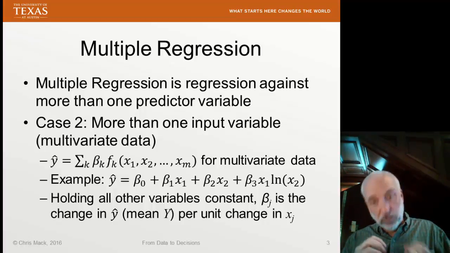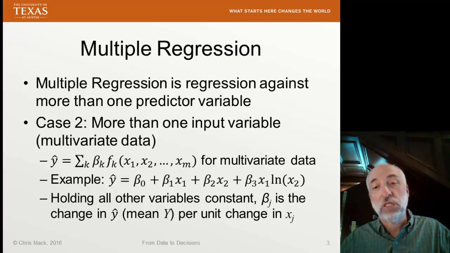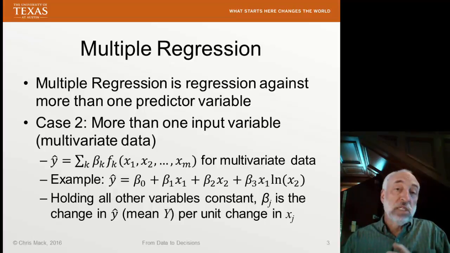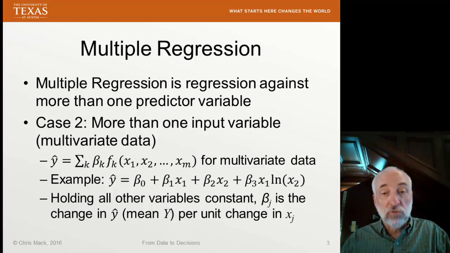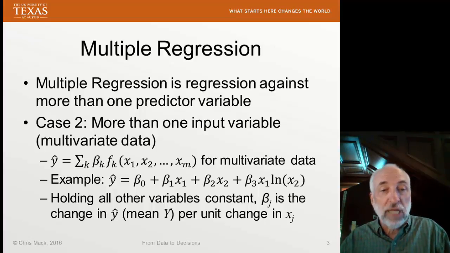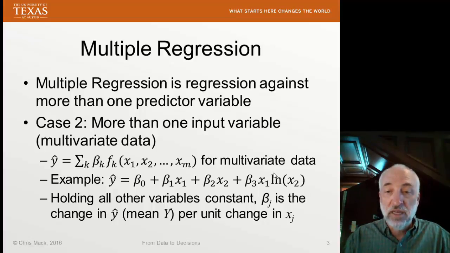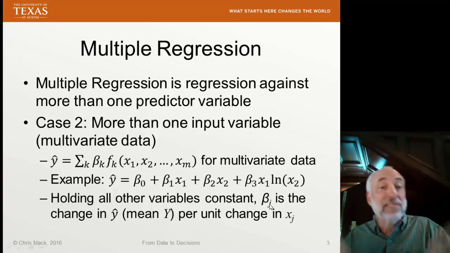An important thing to think about is the interpretation of the coefficients, the betas, for the case of multiple regression. We sometimes call them marginal responses. If I hold all other variables constant and ask how I get a change in y hat for a unit change in the jth predictor variable xj, then beta j is that change.